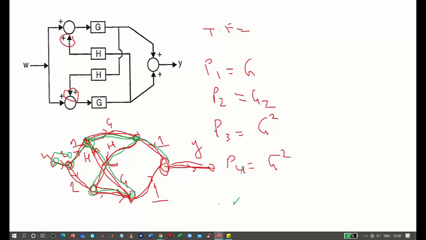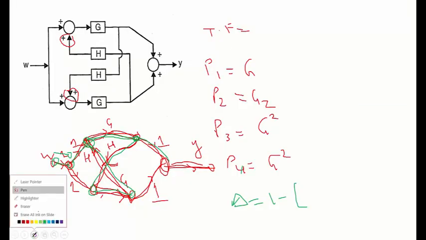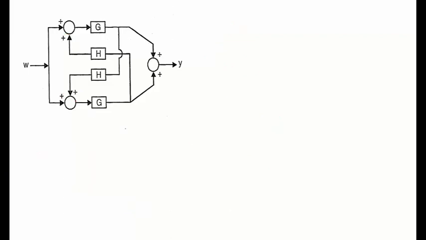So delta is 1 minus the sum of all loop gains. So how many loops are there? If you look into the figure, you'll see that in the SFG, oh sorry, let me draw the SFG again.